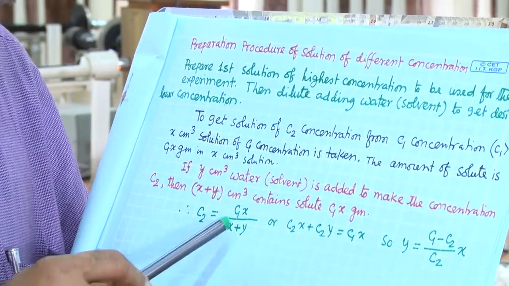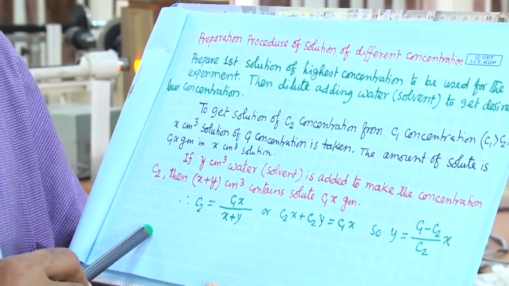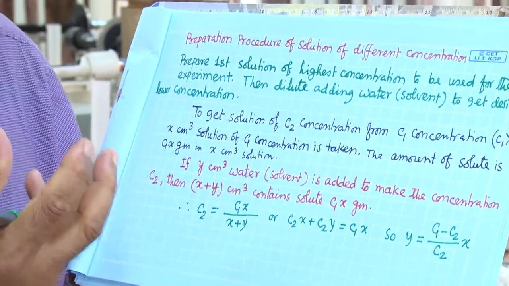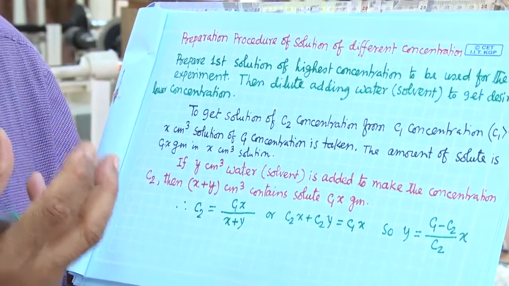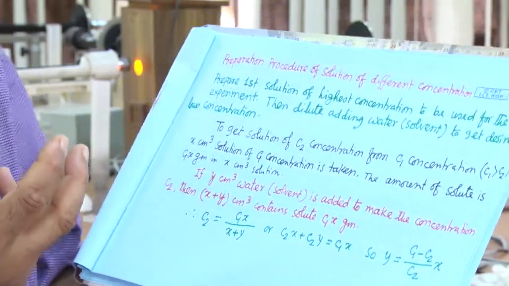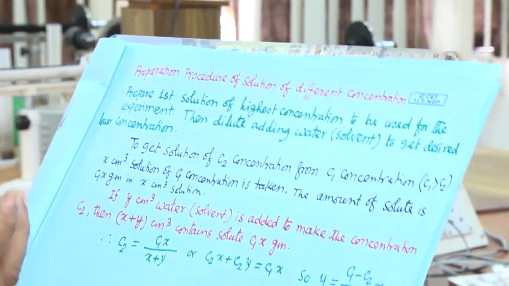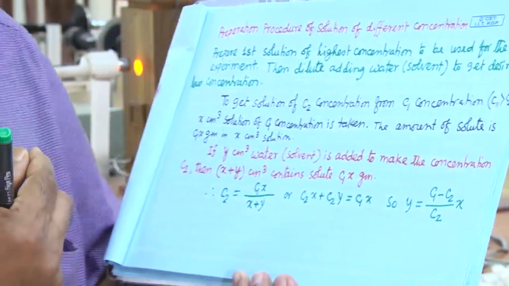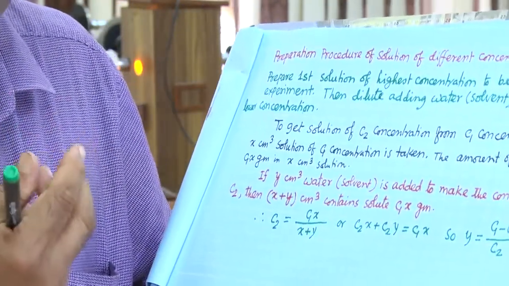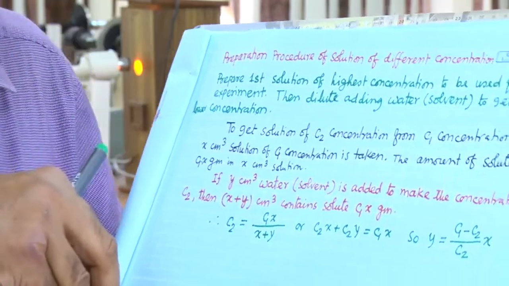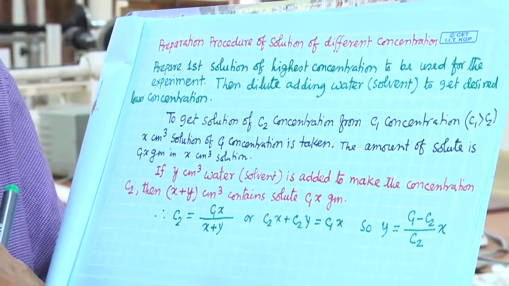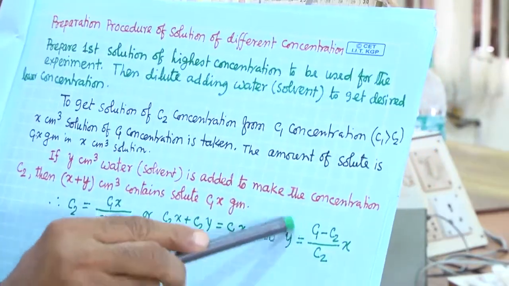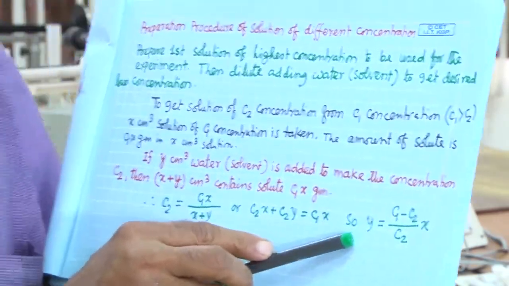Then if I take a volume X of the solution of concentration C1, how much distilled water do I have to add to that solution to make the concentration C2? Which amount of water do I have to add?